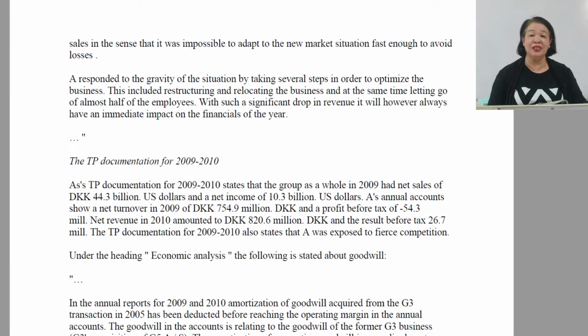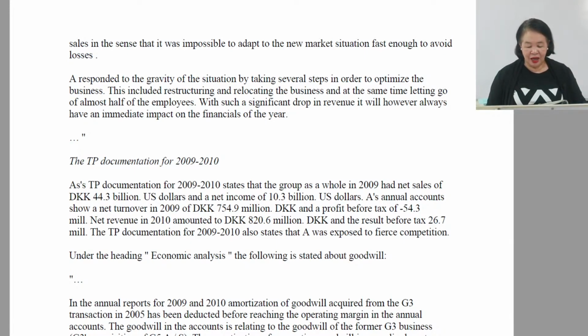You can just imagine, no? Large taxpayer ito eh. Large category C, large company, no? Imagine yung sales niya 44.3 billion, no? US dollars and a net income of 10.3 billion US dollars.